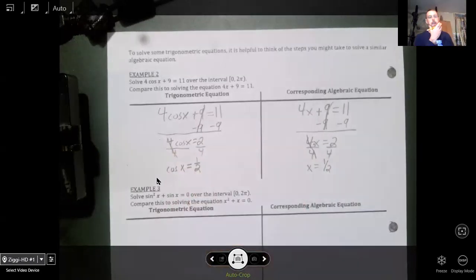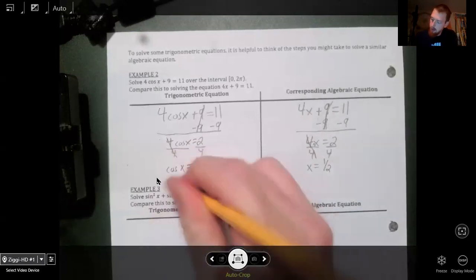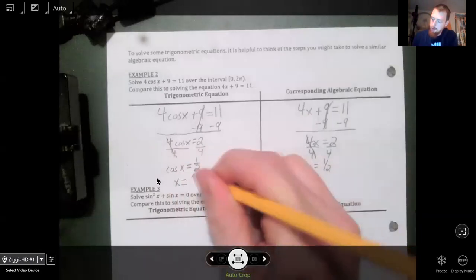So let's see, now we've got to think about the unit circle. Where on the unit circle do we have a cosine value that's 1/2? Well, let's see. Cosine is positive in quadrant 1. All students take calculus, quadrant 4. So in quadrant 1, that happens with a reference angle of pi/3.